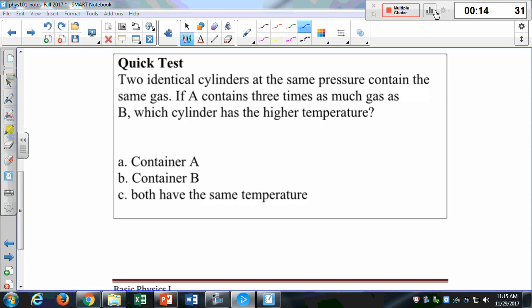On these, you'll want to write down your ideal gas law. Identify the things that are constant, and identify the things that are changing, and then you can figure out which has the higher temperature.